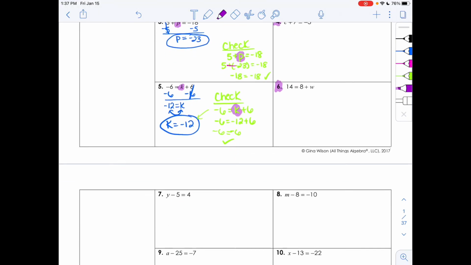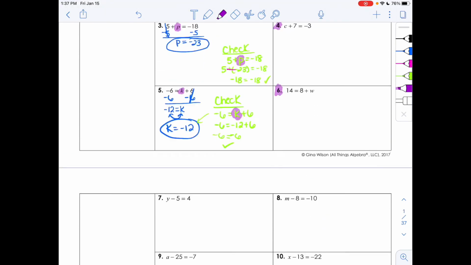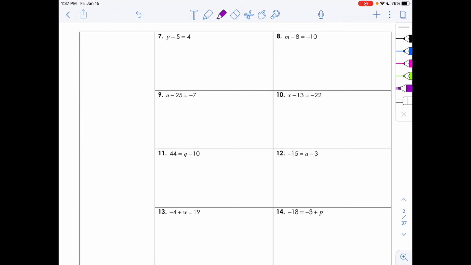On the next page, let's take a look at number 7. We're going to locate our variable, and in this one our variable is y. In this one, our operation tied to that variable is subtraction. And then in step 3, the inverse of subtracting is to add.